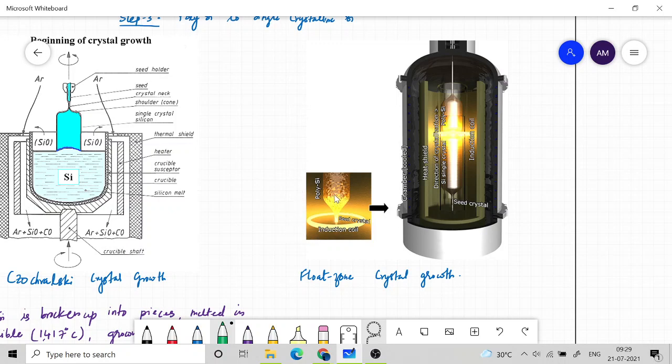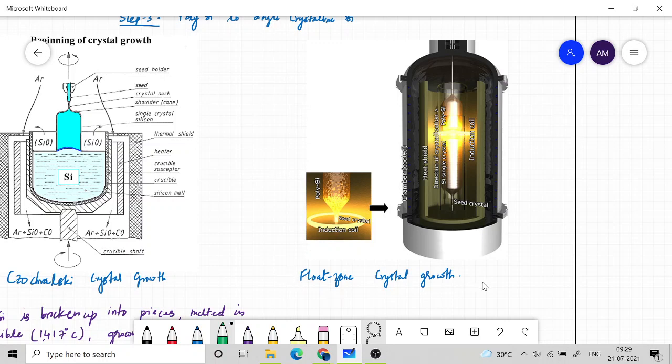It all happens in an inert atmosphere, and therefore no contamination happens, and whatever the purity of the polysilicon is, that is maintained, but we are able to convert it into single crystalline. So from bottom to top, the rod will be converted into pure crystalline, and this process could be repeated also in order to improve its crystallinity.